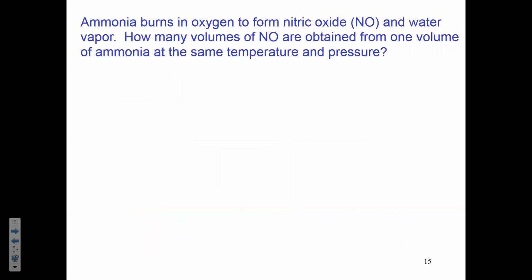Let's practice this one. Okay, so ammonia burns in oxygen to form nitric oxide, which is NO, and water vapor. How many volumes of NO are obtained from 1 volume of ammonia at the same temperature and pressure? So let me give you an equation for this. Right, so think back to those sentences I showed you on the previous slide.